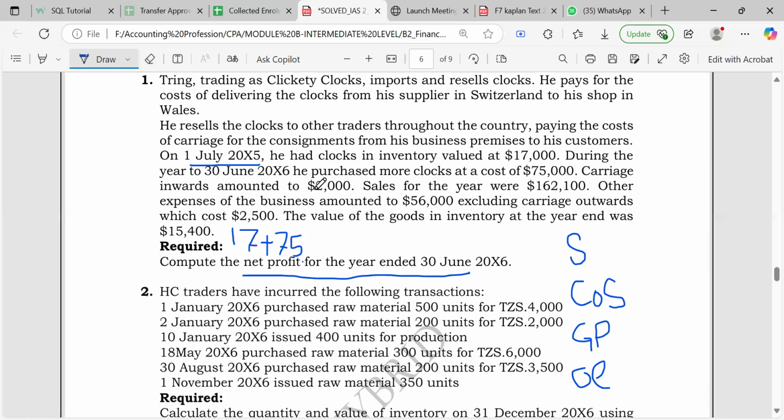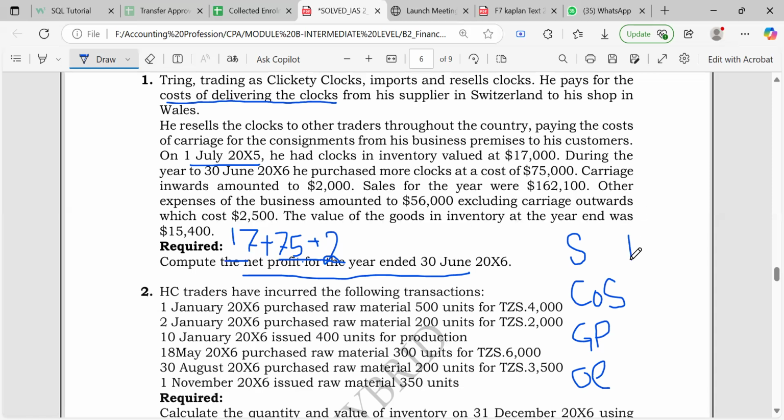This is what he pays the suppliers for the cost of delivering the goods, so carriage inwards forms part of the cost of that purchase. So you have to add it there: opening inventory plus purchases with carriage inwards. Then you have to deduct the closing inventory.